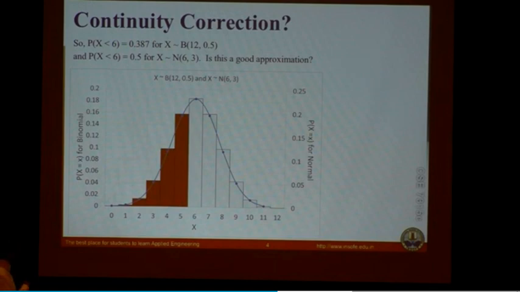When we did normal, we get 50%. Is that a good approximation? No, by no chance is that any good approximation. Where is 38.7? Where is 50%? Too much. So why is that happening?